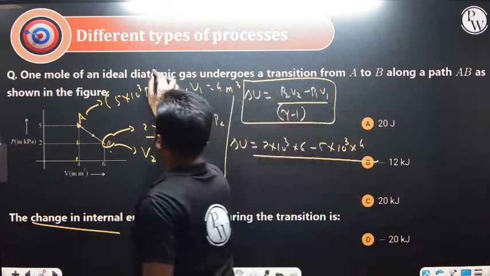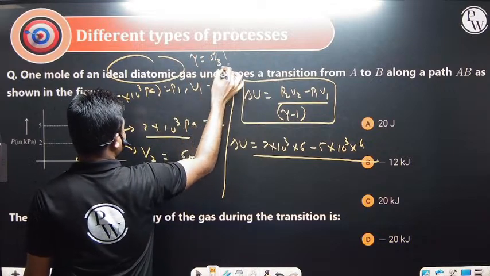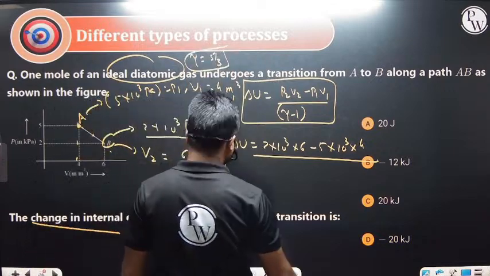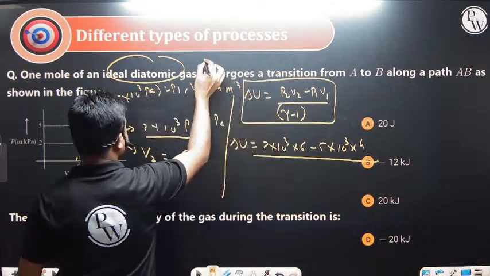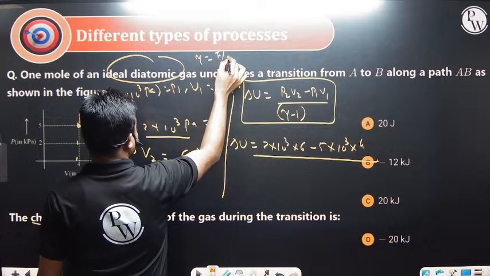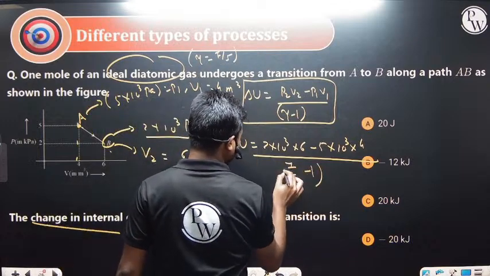What is gamma for an ideal diatomic gas? Gamma is 5 by 3. Okay, this gamma is for a monatomic gas. For an ideal diatomic gas, gamma is 7 by 5. So we are getting 7 by 5 minus 1.